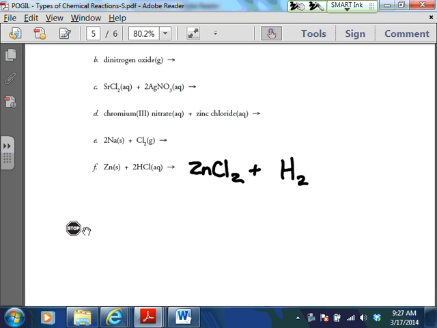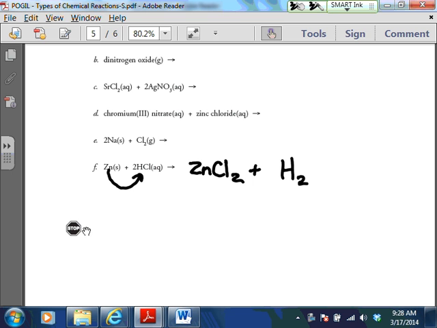Why did I put the chlorine with the zinc? The zinc is by itself, so it's either going to kick out the hydrogen or the chlorine, and it kicks out a positive. Hydrogen is diatomic, so it has to be H2.